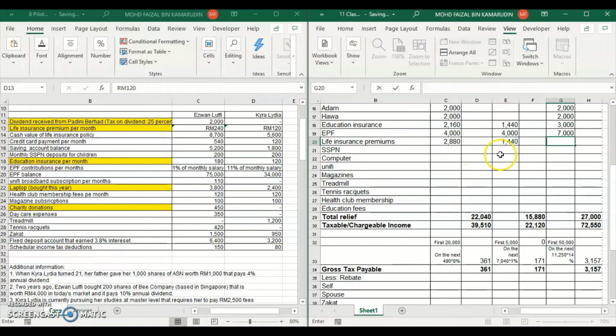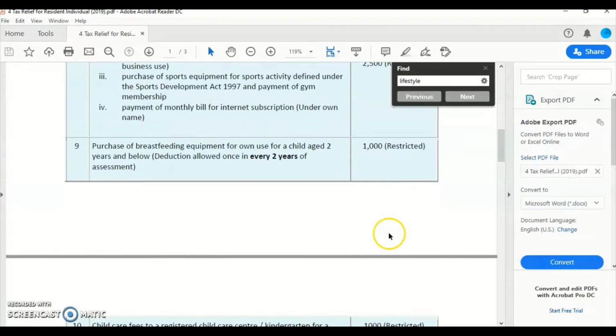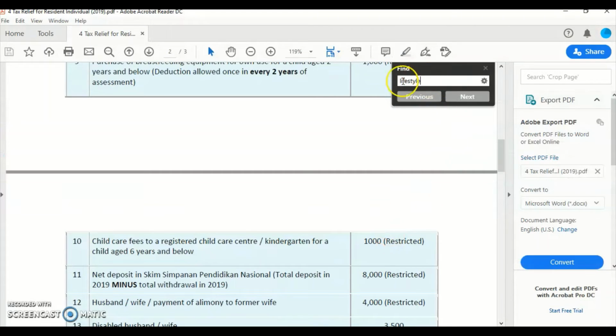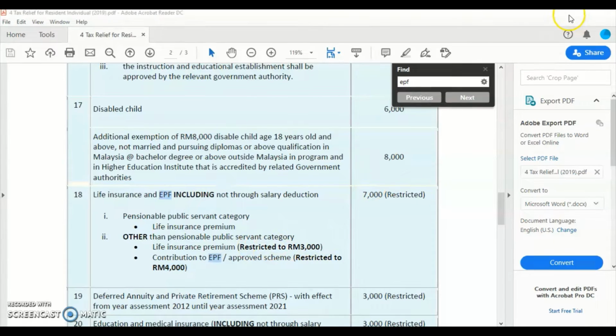However, they cannot claim for this one anymore, because they have maximized the value of 7000 that we mentioned just now. Because of the EPF, now only maximum 7000, and it is split into EPF 4000 and life insurance 3000.